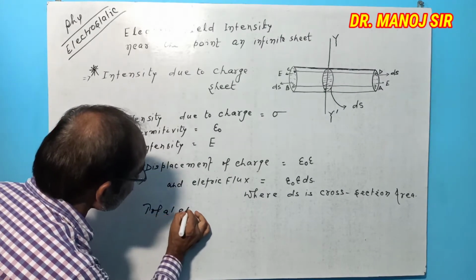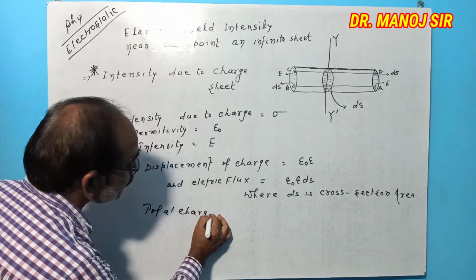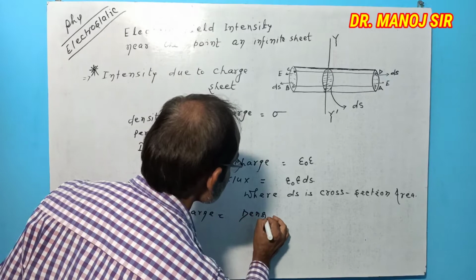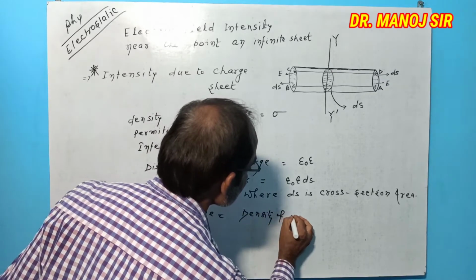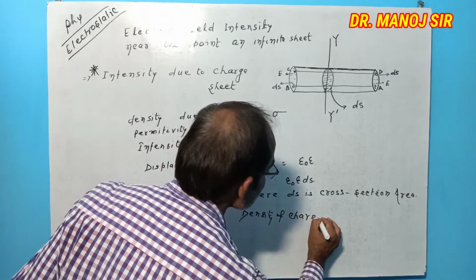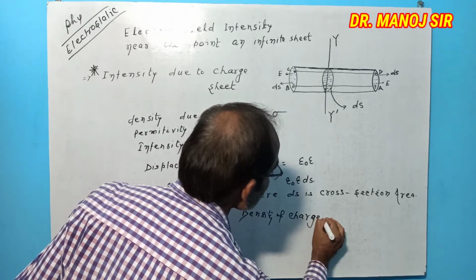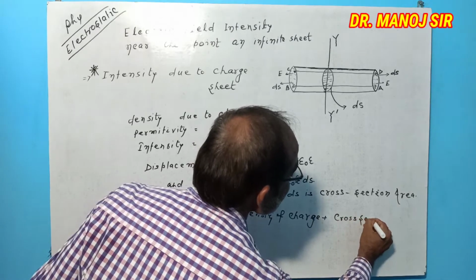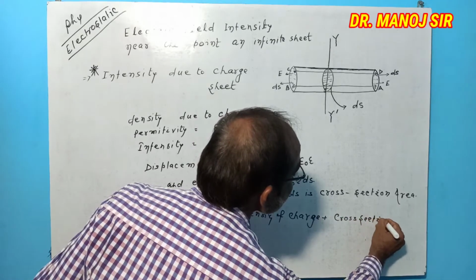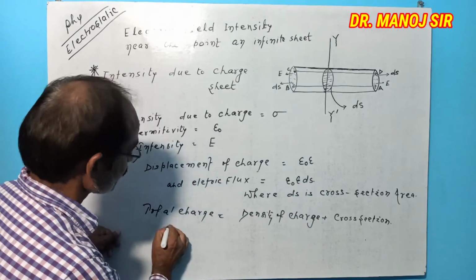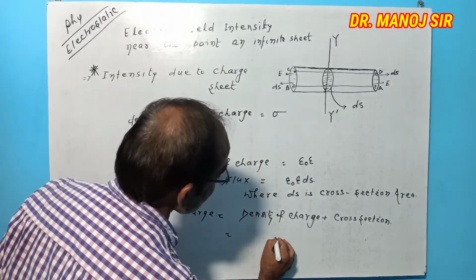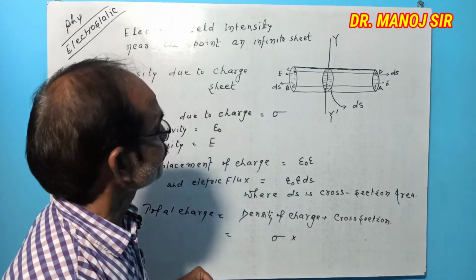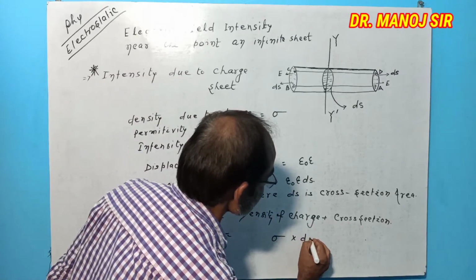Total charge equals density of charge into cross section. Therefore, density into cross section is sigma ds.